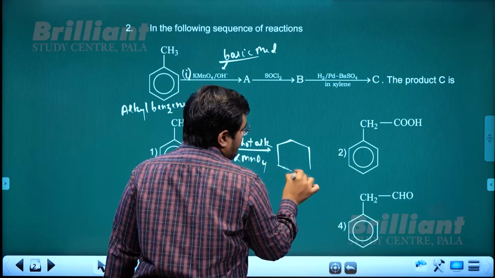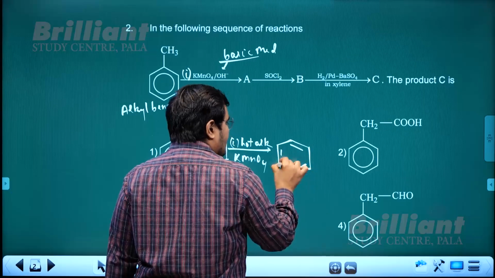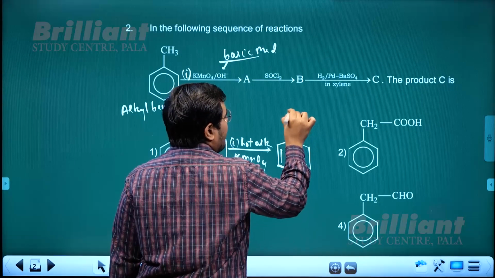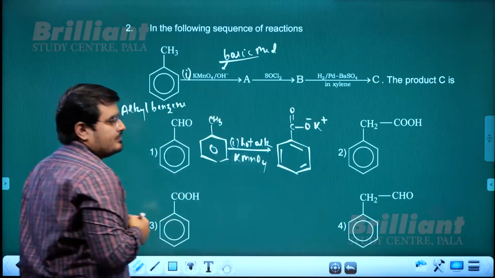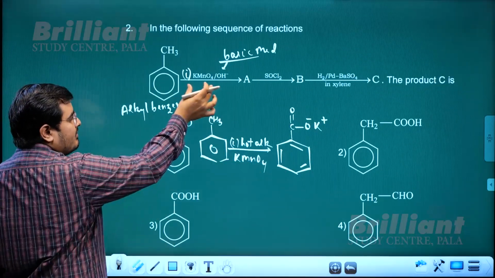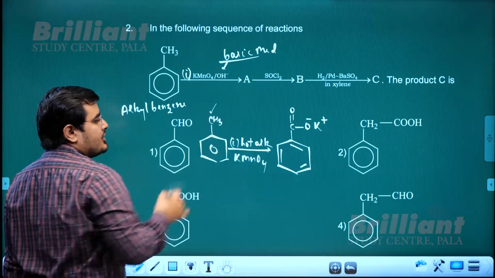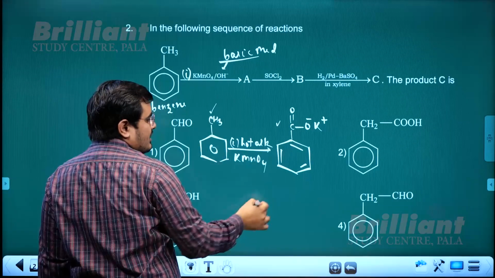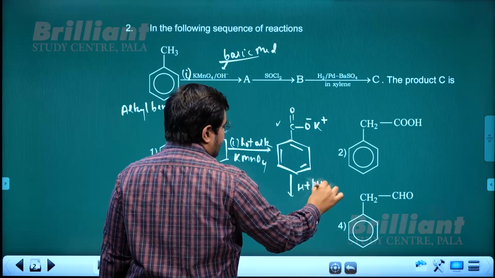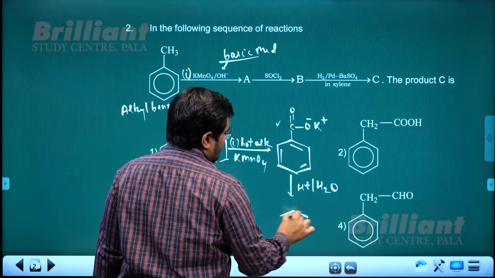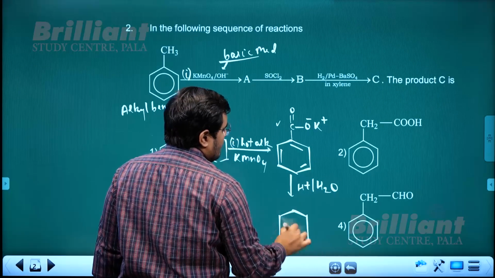But we are not going to write benzoic acid directly, as the medium is basic and an acid cannot remain protonated in the basic medium. So first, treatment with KMnO4 will lead to the oxidation of this carbon to the carboxylate group, and later protonation of this will generate our carboxylic acid.